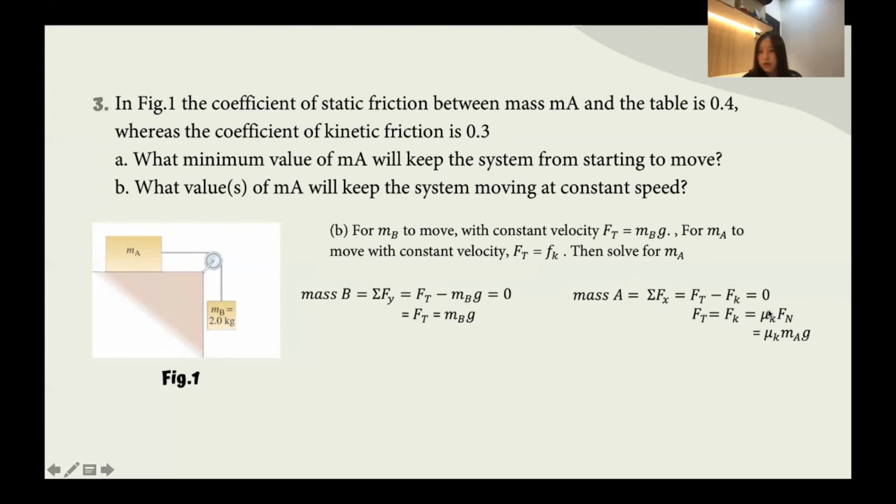The kinetic force can be simplified as coefficient of kinetic friction times normal force, and the normal force can be substituted into mass times gravity.